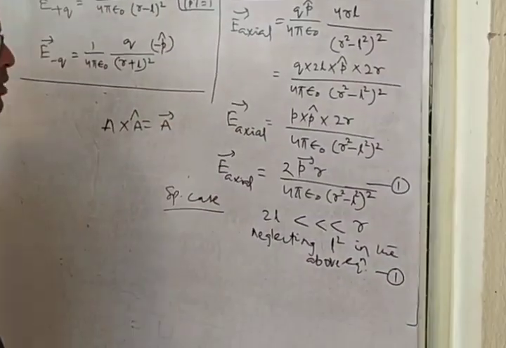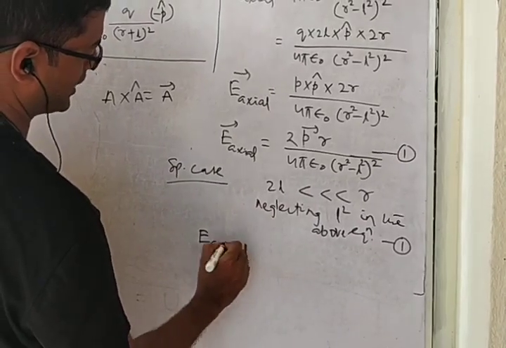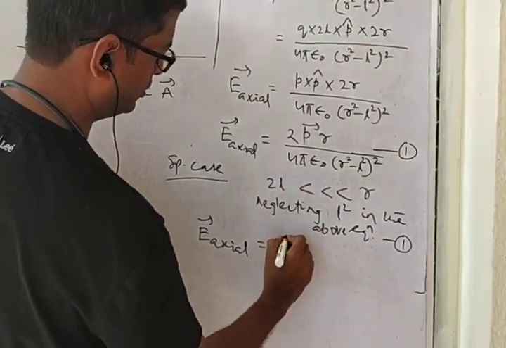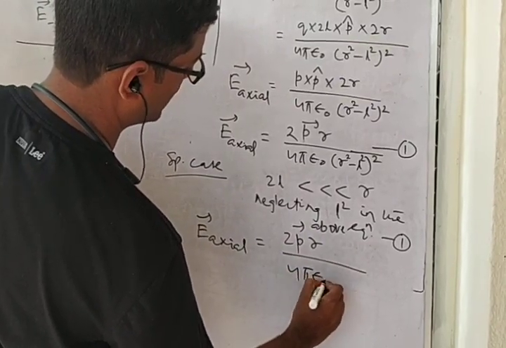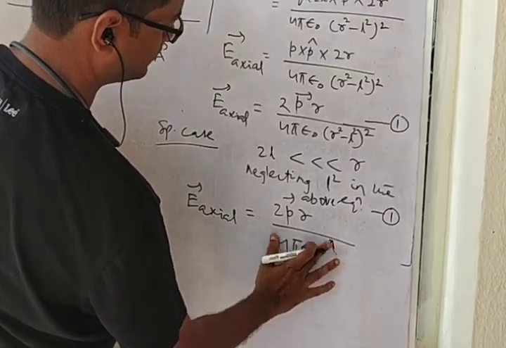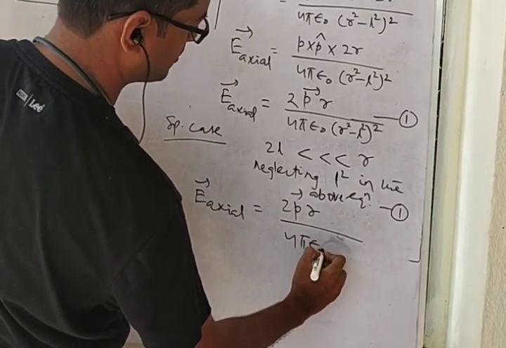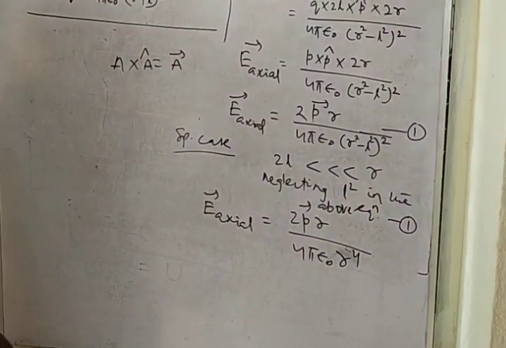Neglecting L square in the above equation 1, this will be E axial equal to 2p vector by 4 pi epsilon 0 r into r to the power 4, because in r square I have neglected L square.